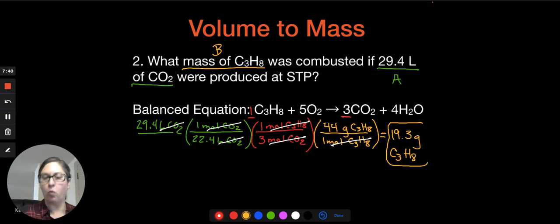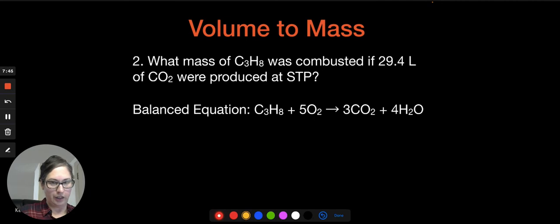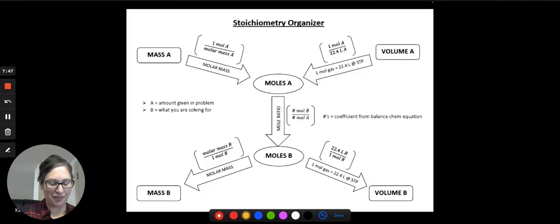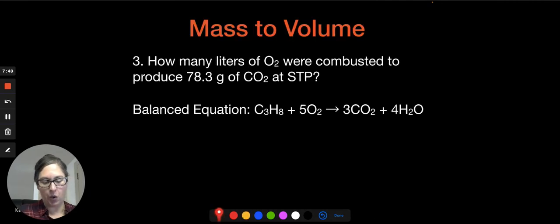Let's try one more problem here, just to do an extra one for practice. So how many liters? We want to know liters of O2, so that's going to be our B, were combusted to produce 78.3 grams of CO2.